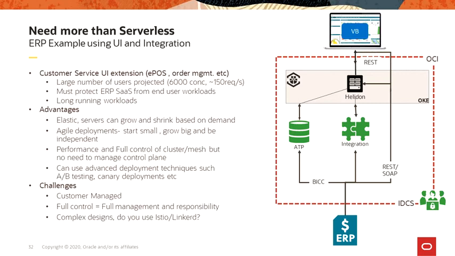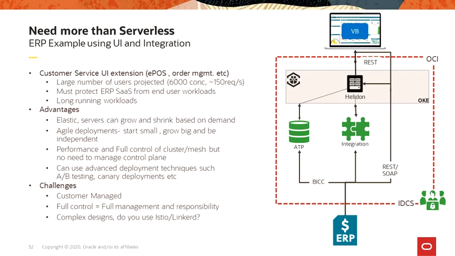The real advantage here, again, is it's totally elastic. It's huge. Performance is unrivaled. You have complete control. You can do a service mesh. We were looking to implement Istio here, but we didn't in the end. And you can do all of that funky stuff. The challenge, however, is that it is customer managed. Well, not 100% true.